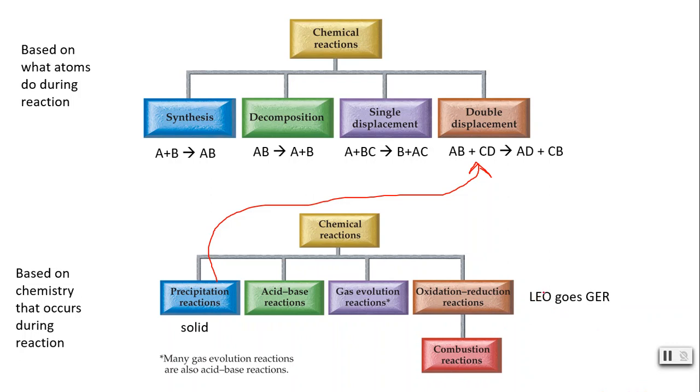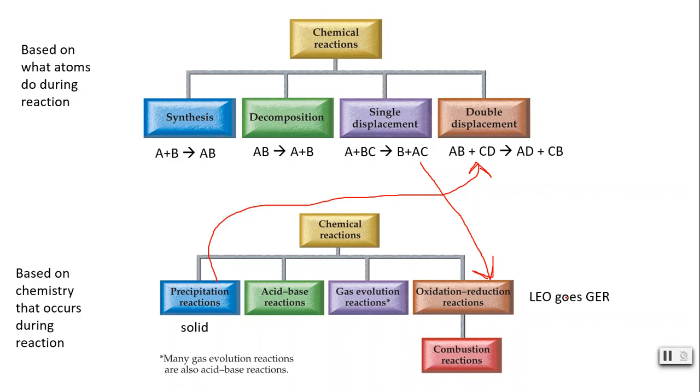Losing electrons is oxidation, gaining electrons is reduction. And we said that combustion reactions are a type of oxidation reduction reaction. Single displacement reactions can also be classified as oxidation reduction reactions. You saw that in your experiment 7 redox experiment.